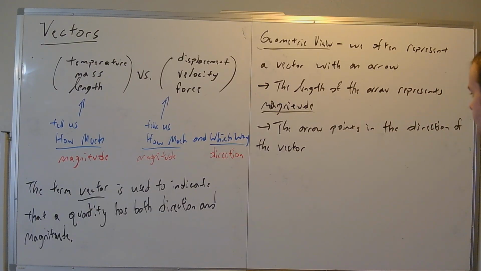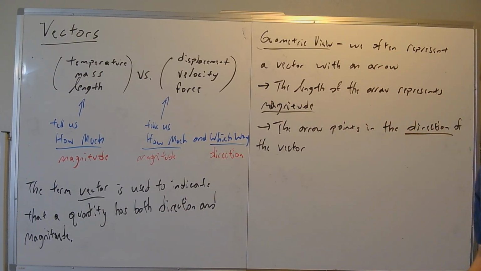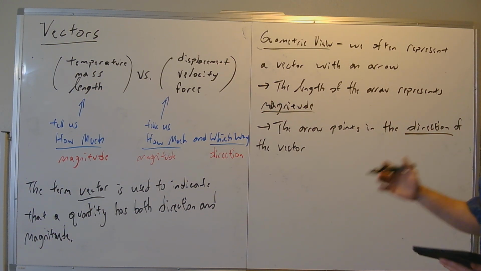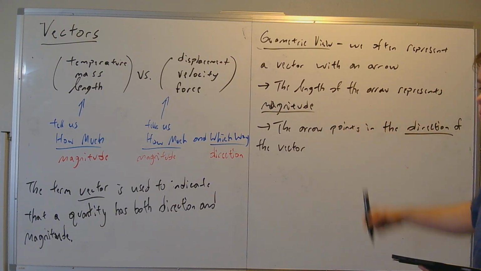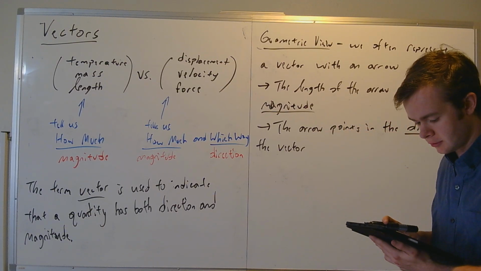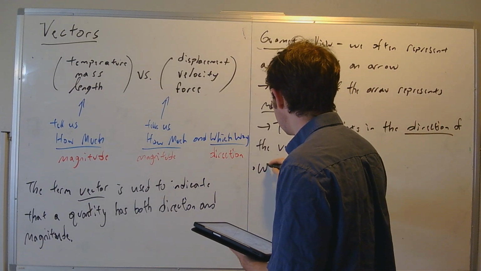Okay, so, right, of course, whenever we have a vector, we have both the magnitude and the direction, so we draw a picture of it, and the direction would be the same as the direction of the vector, and the length corresponds to the magnitude.